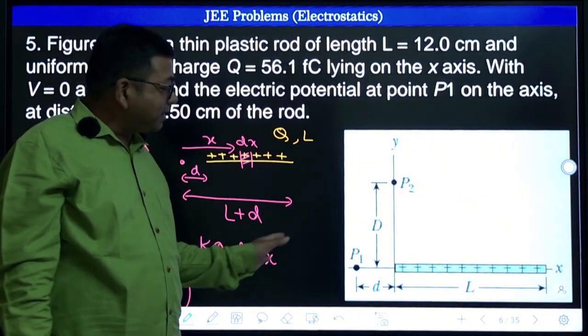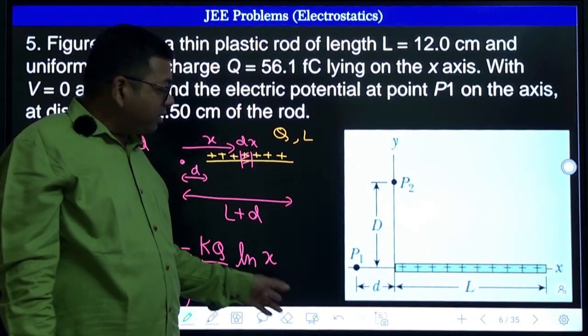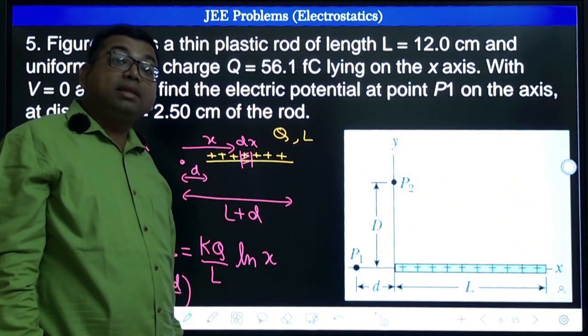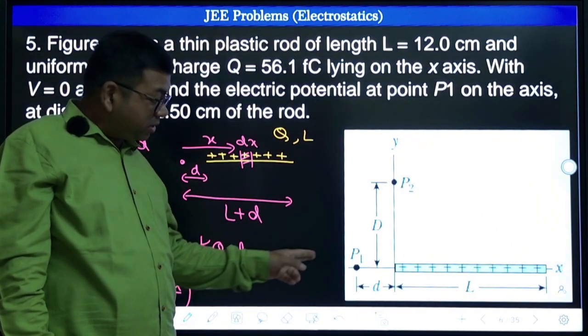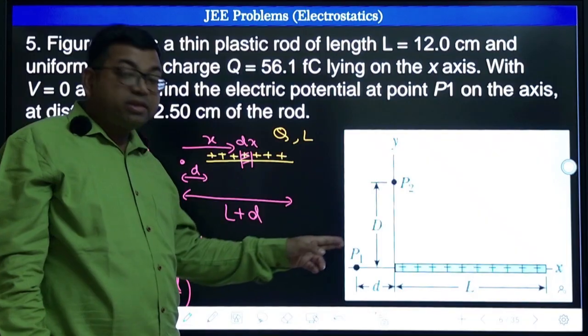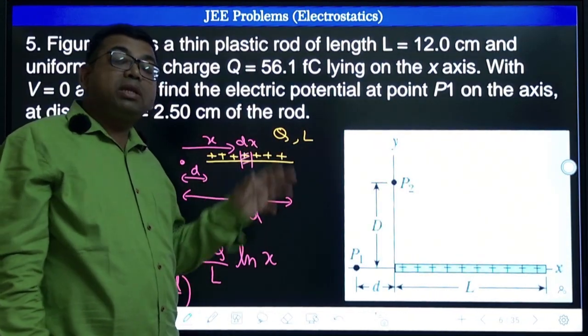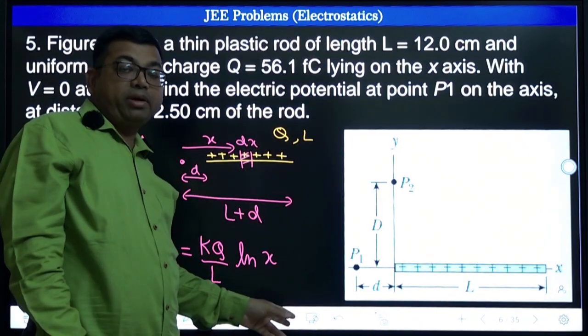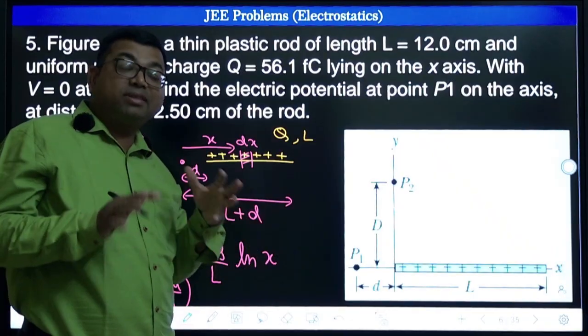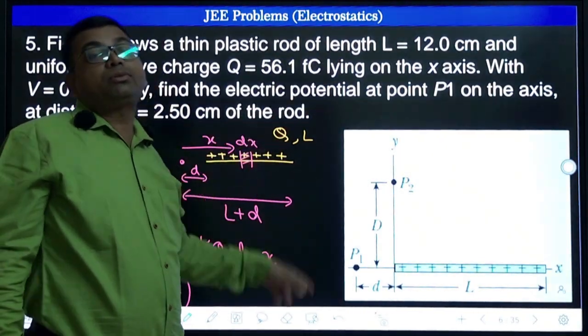This is a major confusion here, no? Because on the right-hand side we are varying x, and on the left side you are writing potential difference. So what is that left-side potential difference? Is it the potential difference from the left side to the right side on the rod, or the potential difference from infinity to that point? As per the definition, it is from infinity to that point.